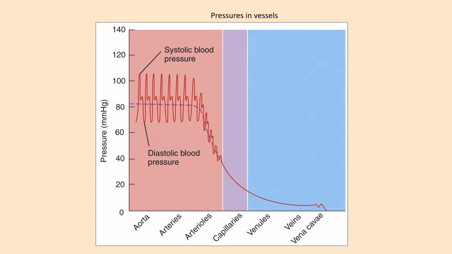Blood is always flowing from an area of high pressure to an area of low pressure. And the pressure in the two largest veins in the body, the superior and inferior vena cava, is almost zero. So this promotes what's known as venous return, blood flow back to the heart, which we'll talk about in a little bit.